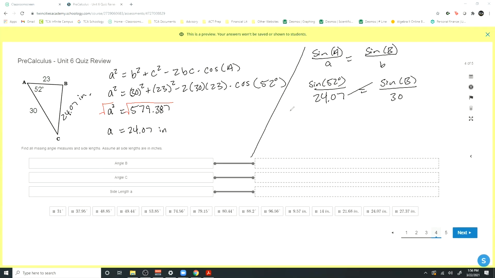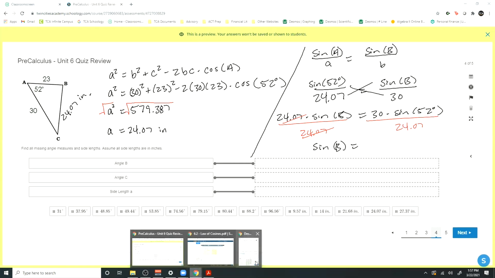Cross multiply. 24.07 times the sine of b is equal to 30 times the sine of 52 degrees. And divide both sides by 24.07. You'll get the sine of b equal to whatever this is. So let's pull up my calculator again.